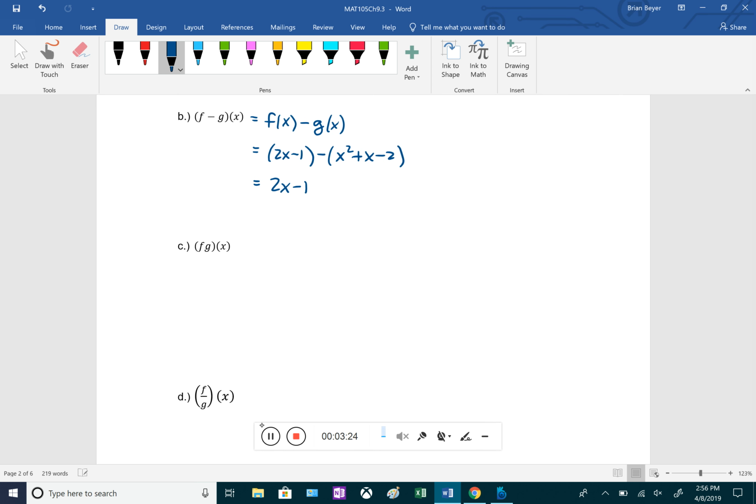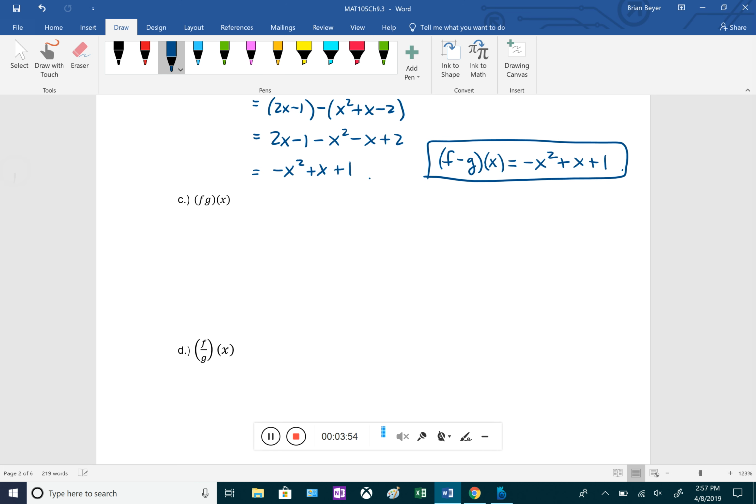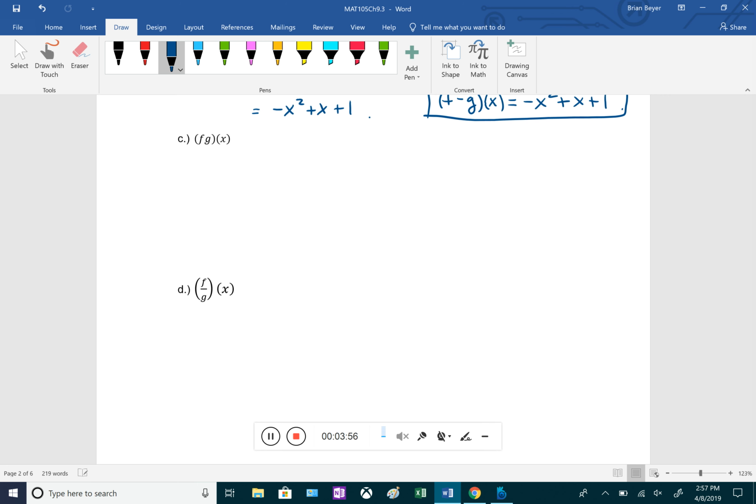So it's going to be 2x minus 1 minus x squared minus x plus 2. Combining like terms, that's negative x squared plus x plus 1. So that's our answer for f minus g of x. Keep in mind for how I'm reading this off, it's not f minus g times x, it's f minus g of x.